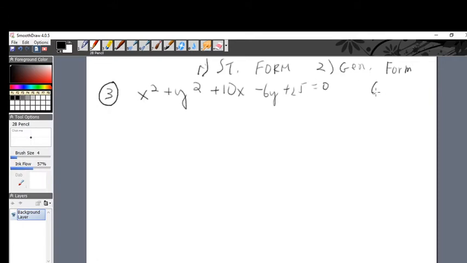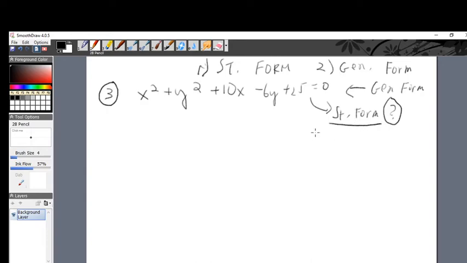So that's in general form. But the question is, they ask you to convert this equation into standard form. That's our goal.